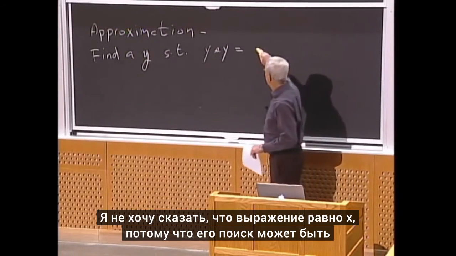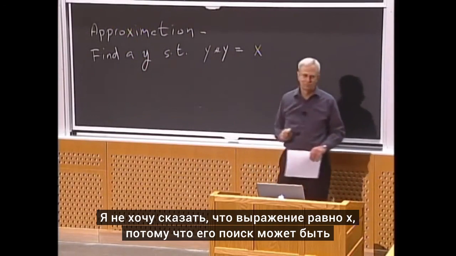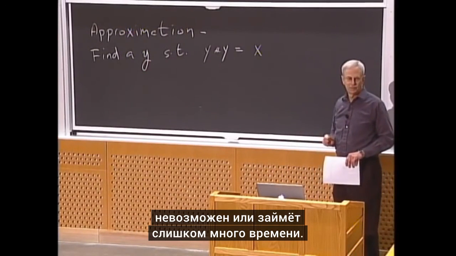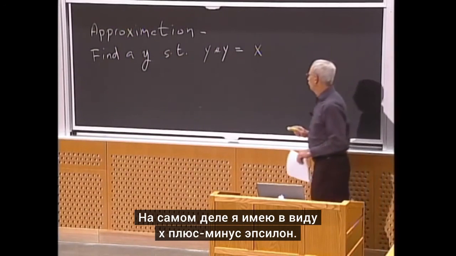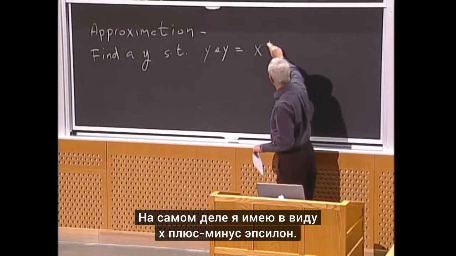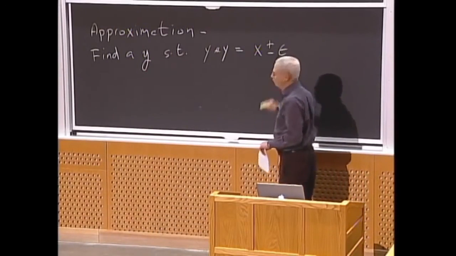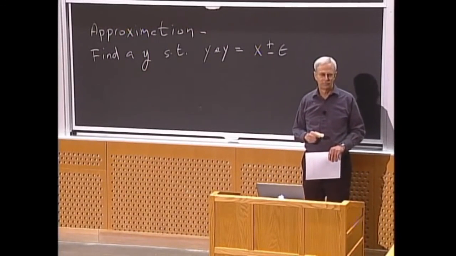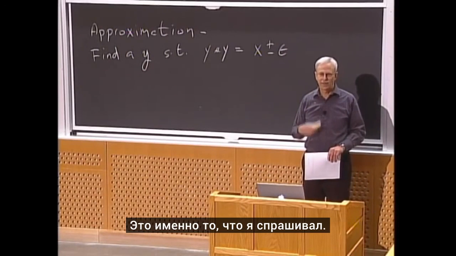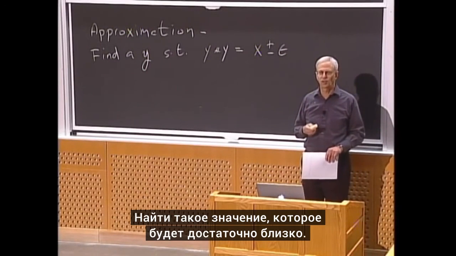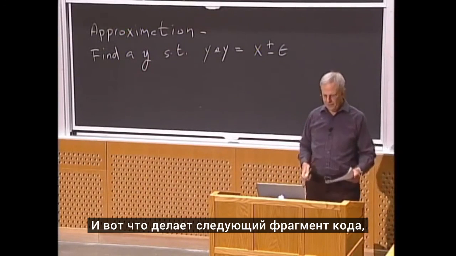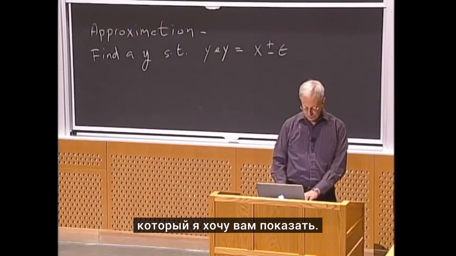I don't want to say it's equal to x because that may be impossible or too time-consuming to find. So really what I mean is x plus or minus epsilon. Right? So that's what I'm asking. Find one that's close enough. And that's what the next piece of code I want to show you does.